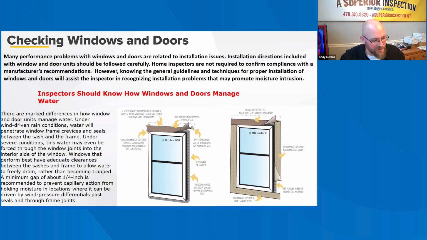Sometimes you're going to get condensation buildup, and that oftentimes happens on the edges of the windows. So if you see moisture staining down there, that can be fairly common. But if you see moisture staining in the middle of a double window section that has that mull joint, then oftentimes that water is coming through that mull joint and coming into the home, and it is moisture intrusion.